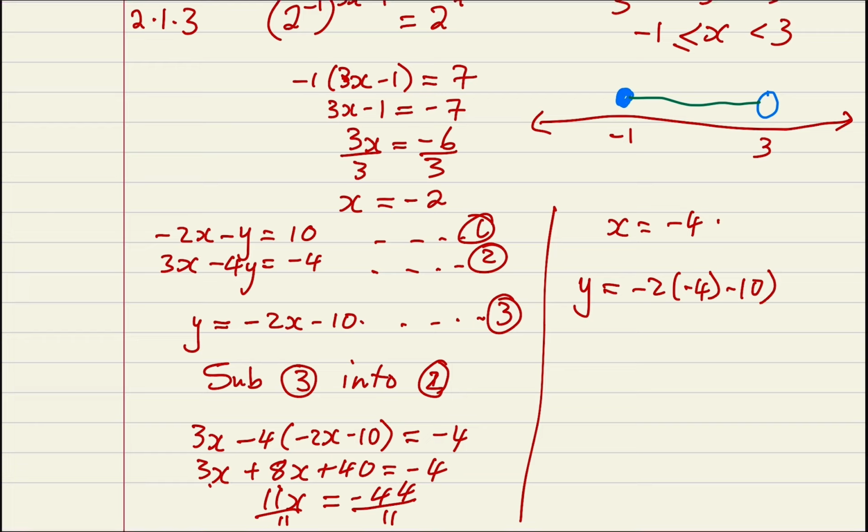Here we'll have 2 times 4 is 8, positive 8. So this will be 8 minus 10, which is equal to negative 2. So y is equal to negative 2 and x is equal to negative 4.